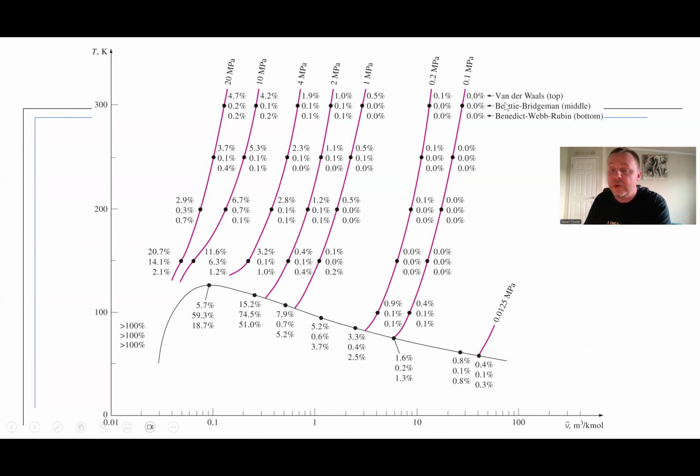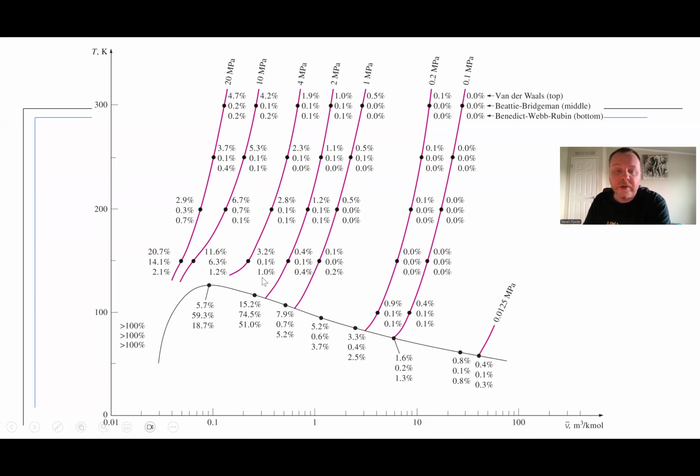Some of the really advanced systems, when they go to generate those tables, will look and say, okay, in this pressure-temperature combination, we're going to use van der Waals. In another pressure-temperature combination, over here somewhere, Benedict-Webb-Rubin is probably the best. Yeah, right here. See how Benedict-Webb-Rubin is the best at this pressure-temperature combination.